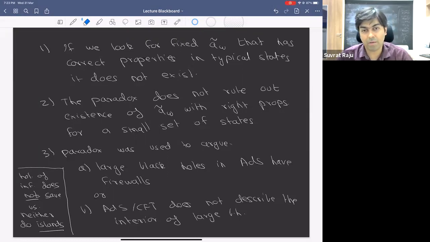For these typical states, you have a firewall, but you still have the Page curve, because the Page curve is not probing what's happening in the interior of the black hole. As we discussed many times, it's basically probing transfer from the CFT to the bath. So the island proposal can't really say much about the interior.